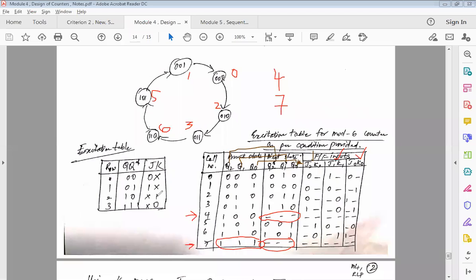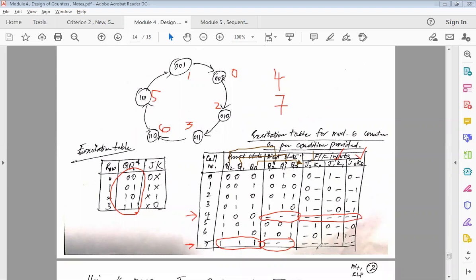Now, when you check for the excitation table, 0, don't care. Okay, that's what you have to see. So anything with don't care. Do you have any don't care here? Do you have any don't care as your input? No, sir. So in that case, what is going to happen? Since there is no don't care, my outputs also are going to be don't care.